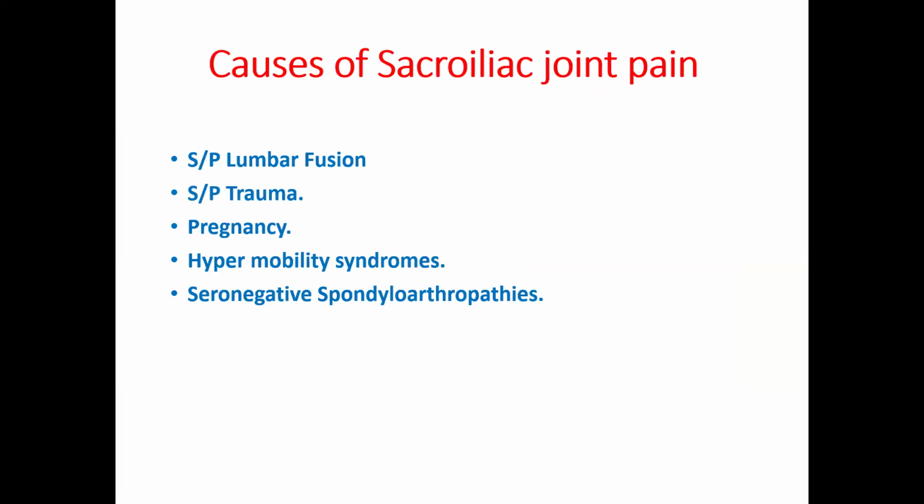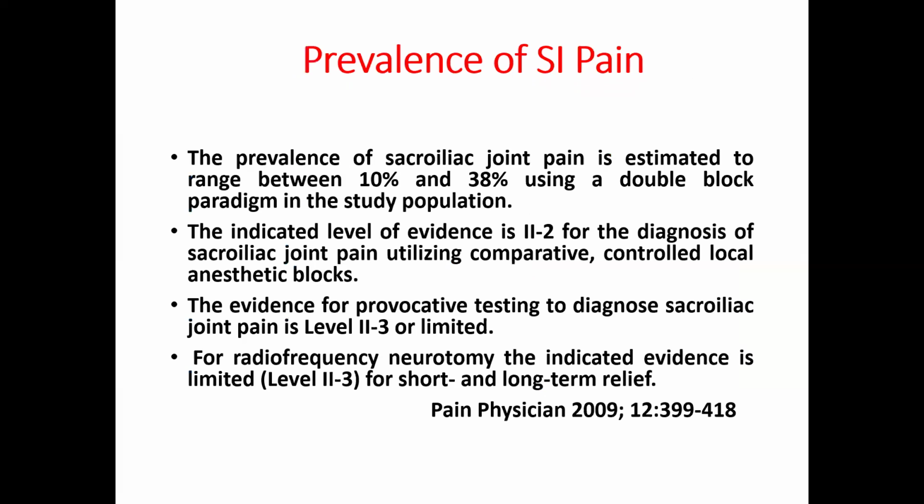Causes of sacroiliac pain could be after lumbar fusion, trauma, or pregnancy. Patients that have hypermobility syndromes like Ehlers-Danlos or Marfan syndrome, and then seronegative spondyloarthropathies, such as ankylosing spondylitis or psoriasis, for example. Prevalence of sacroiliac pain is around 10 to 38%.